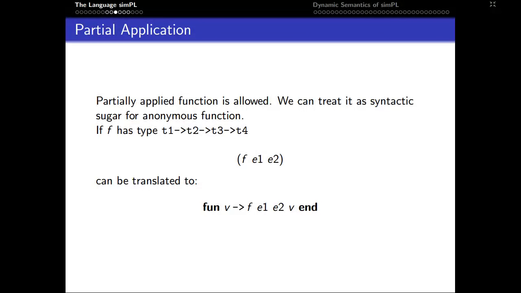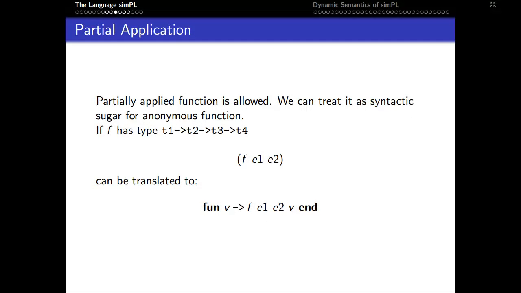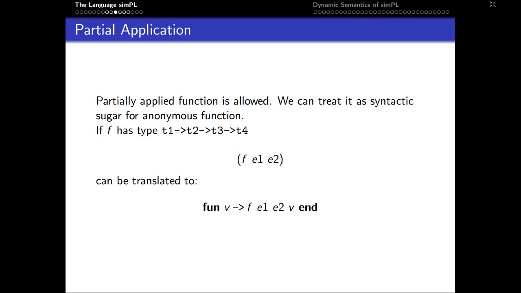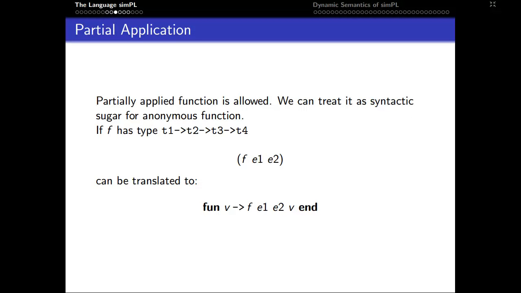But because of this curried format, I can think of f as a function that takes an argument of type T1 and returns a function that takes an argument of type T2, and returns a function that takes an argument of type T3 and finally returns the result of type T4.